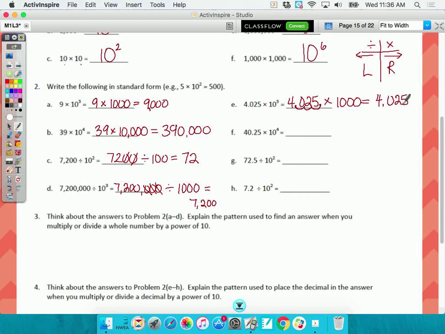Now you're not just waiting till I write it down and then you write it down, are you? No. Right along with me, please. Okay, 40 and 25 hundredths times 10 to the 4th power. What? 10,000. You're getting good at this. Now, I'm going to write 40 and 25 thousandths under here.